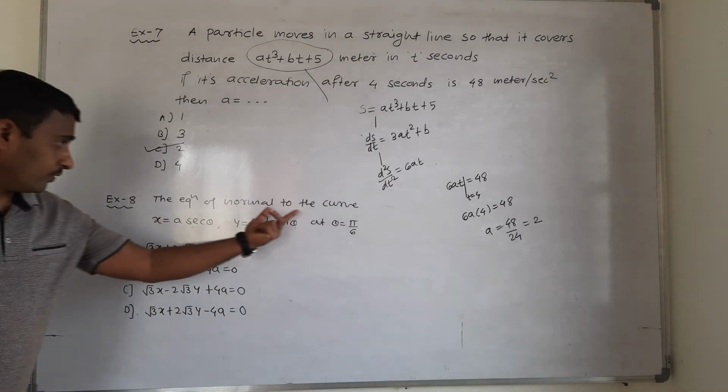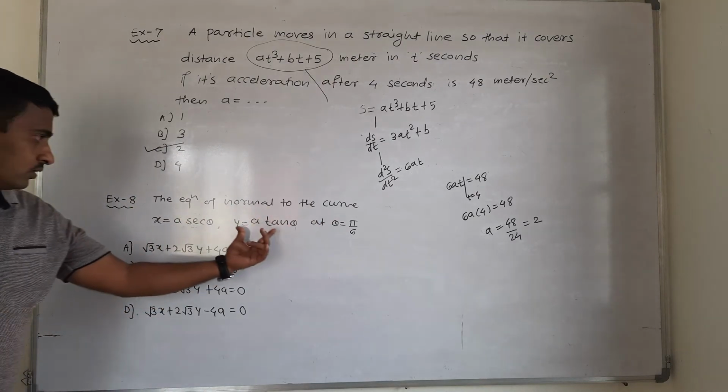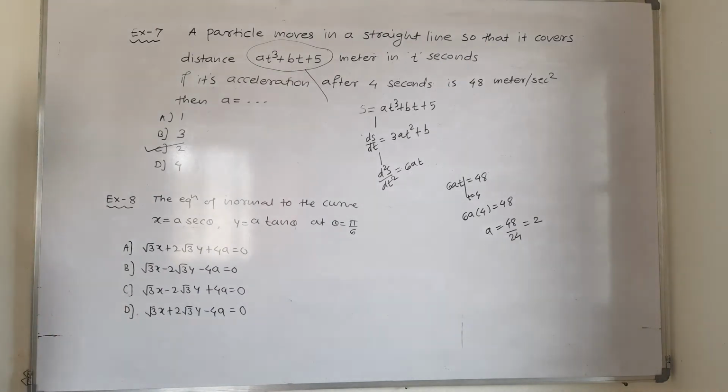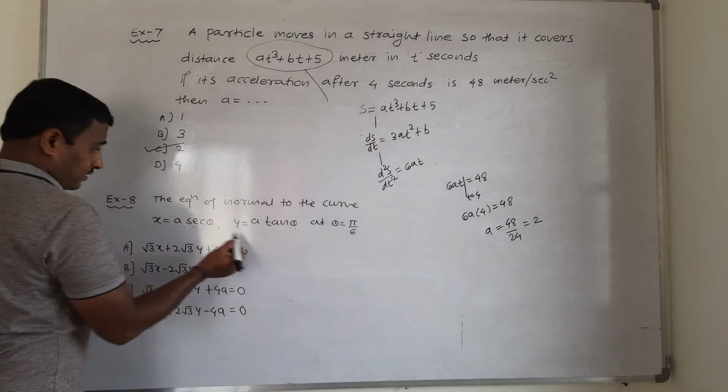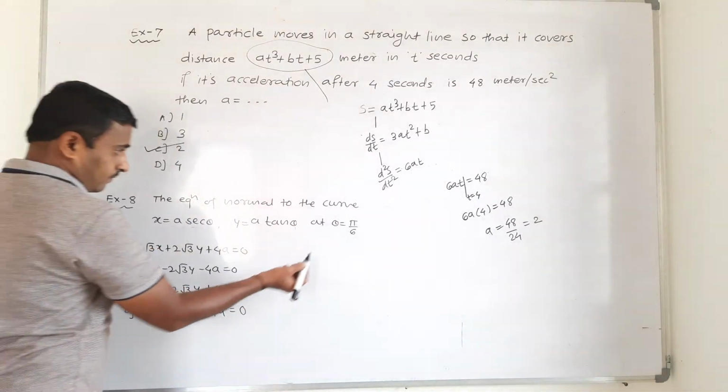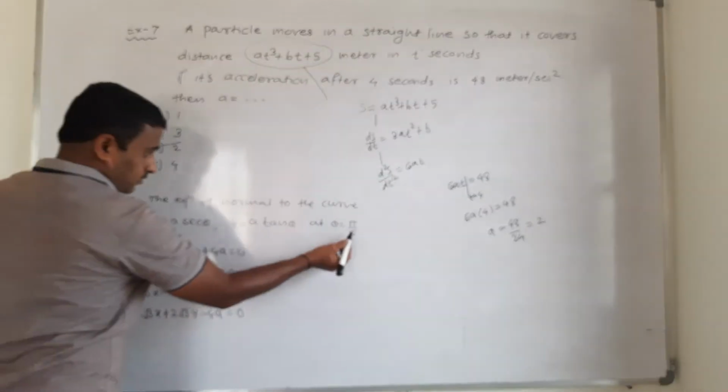Next, the equation of normal to the curve x equal to a sec theta, y is equal to a tan theta at theta is equal to pi by 6. Parametric form is given. We find first the point at theta is equal to pi by 6.